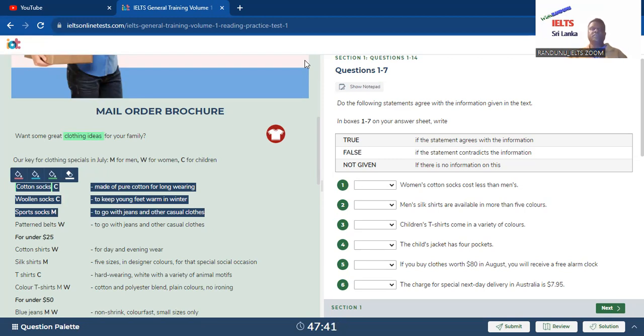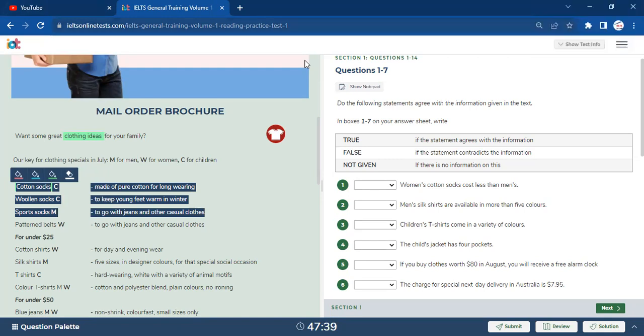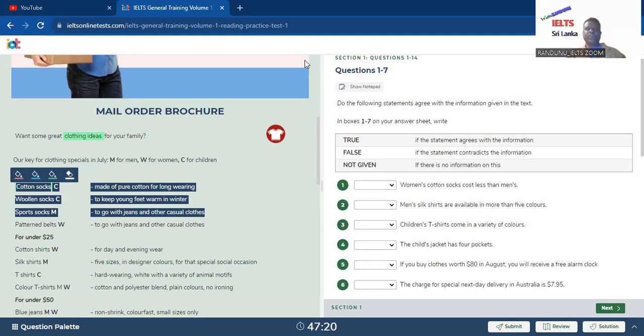What's the answer for this one? Please type the answer in the chat box.